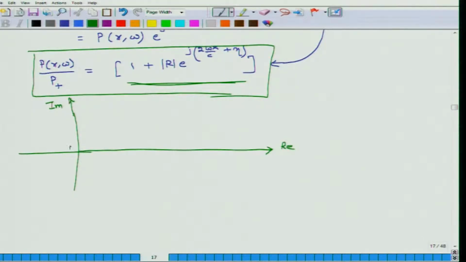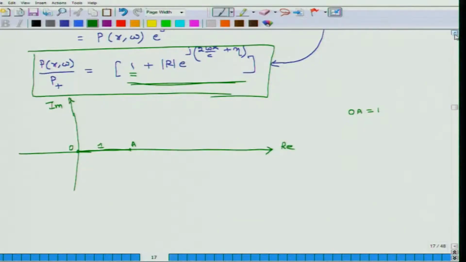Let's say this point is O, and then there is this 1, so I move 1 unit here, and let's say this distance OA equals 1.